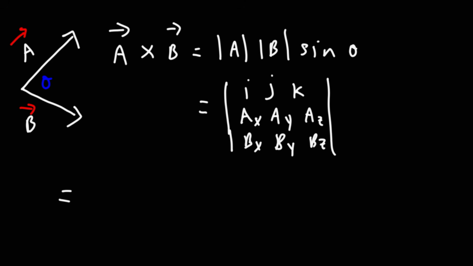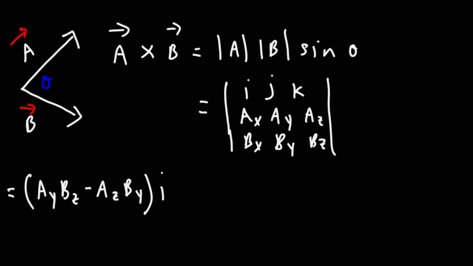But here's another way in which you can evaluate this determinant for those of you who want to use a formula. I'm going to need a little more space here. So it's equal to the y component of A times the z component of B minus the z component of A times the y component of B. By the way, if you have a two-dimensional vector, z will have a value of 0.